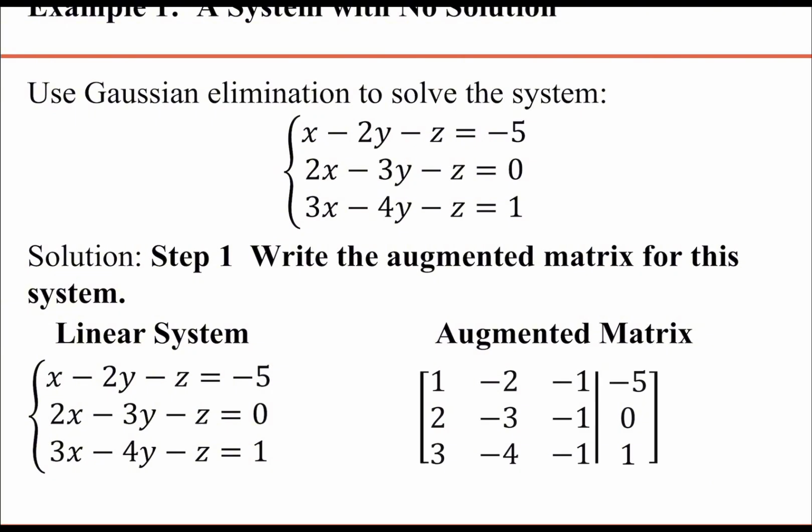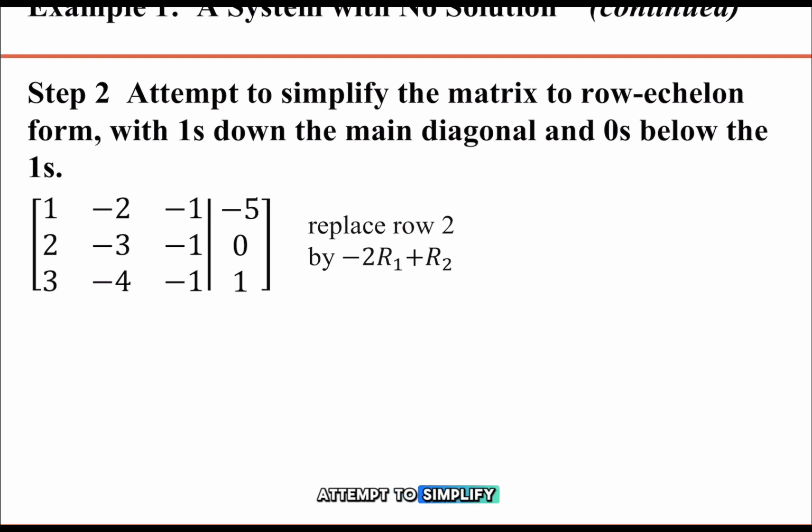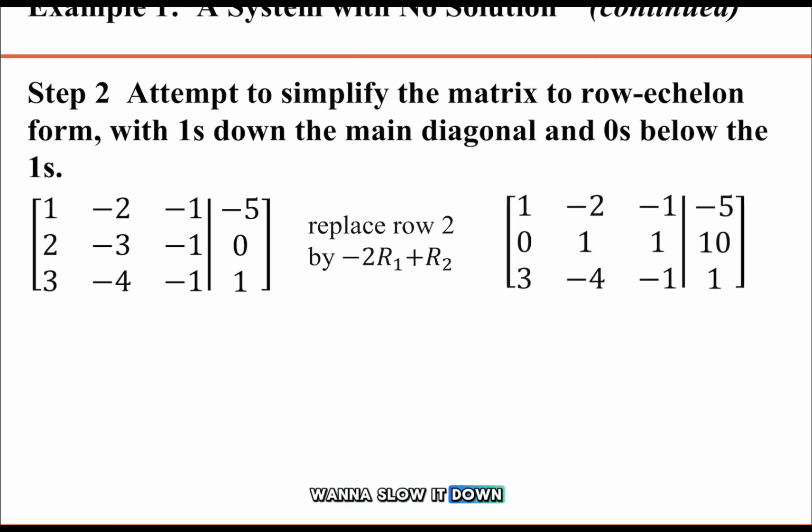Okay. So you write your matrix, and then you can attempt to simplify, and you can pause the video if you want to slow it down and go along with the row operations.